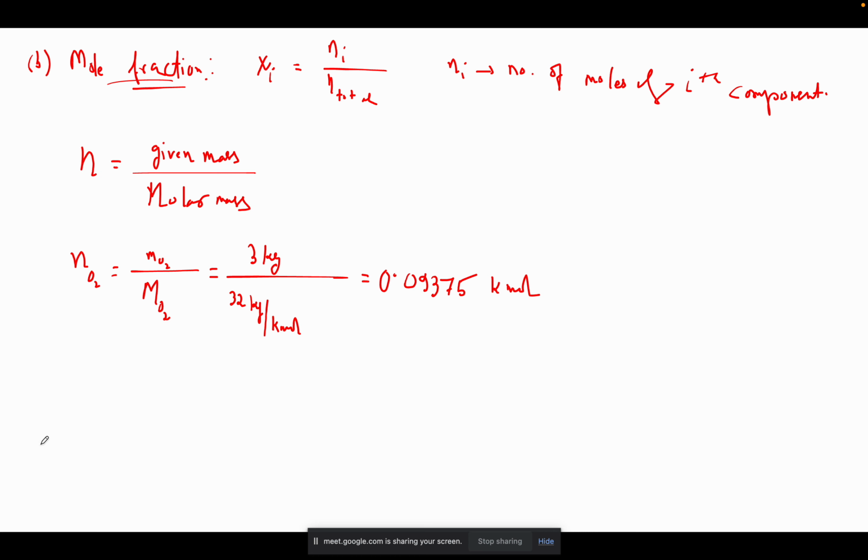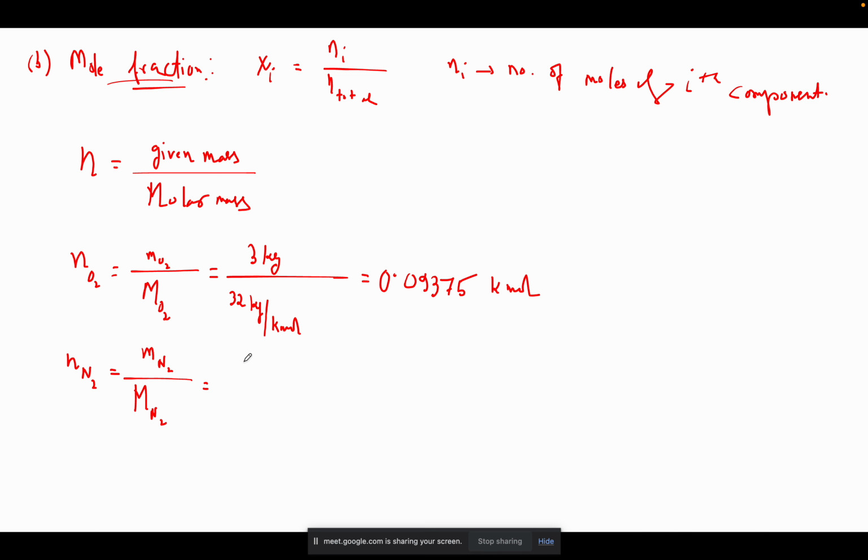Similarly, number of moles of nitrogen will be given mass of nitrogen divided by molar mass of nitrogen.